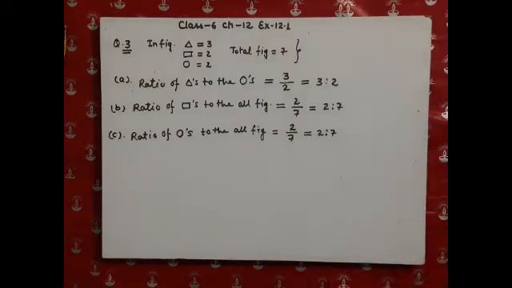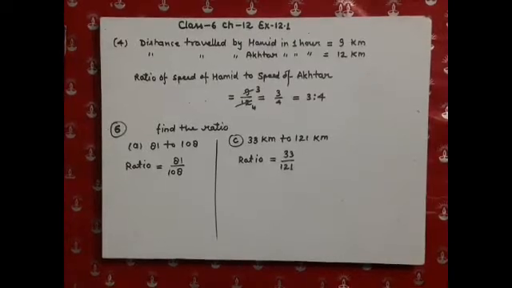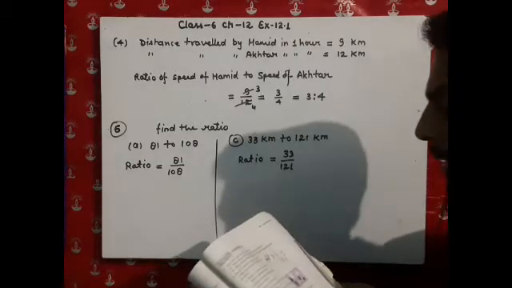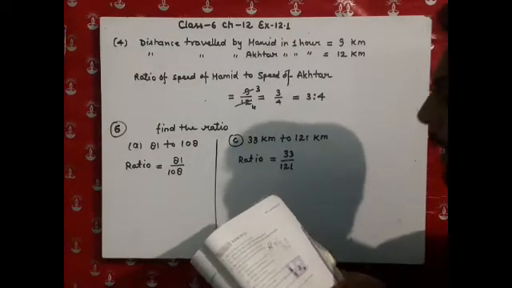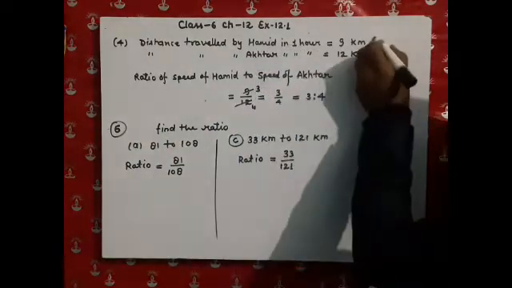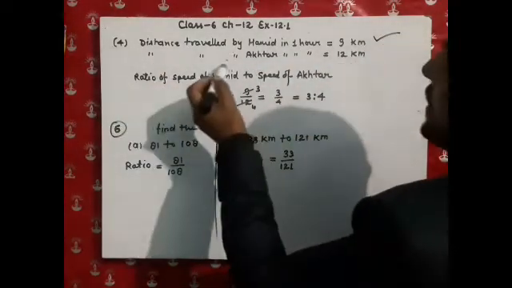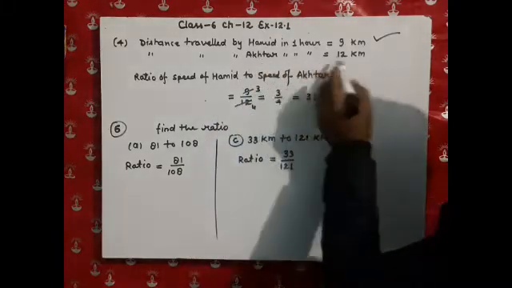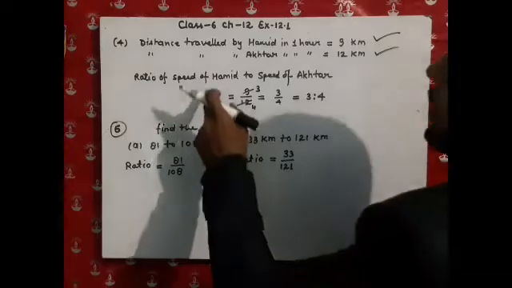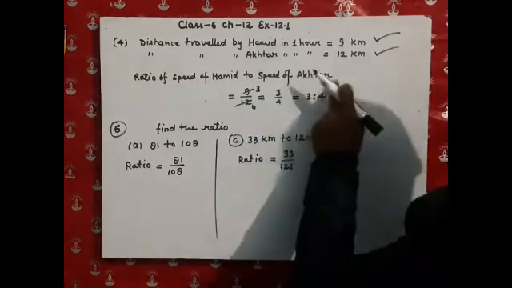Now I am going to question number 4. So now question number 4 is written on the board. Here in the question it is saying that distance travelled by Hamid and Akhtar in 1 hour. Distance travelled by Hamid in 1 hour is 9 km, and distance travelled by Akhtar in 1 hour is 12 km. Now we have to find the ratio of the speed of Hamid to the speed of Akhtar.